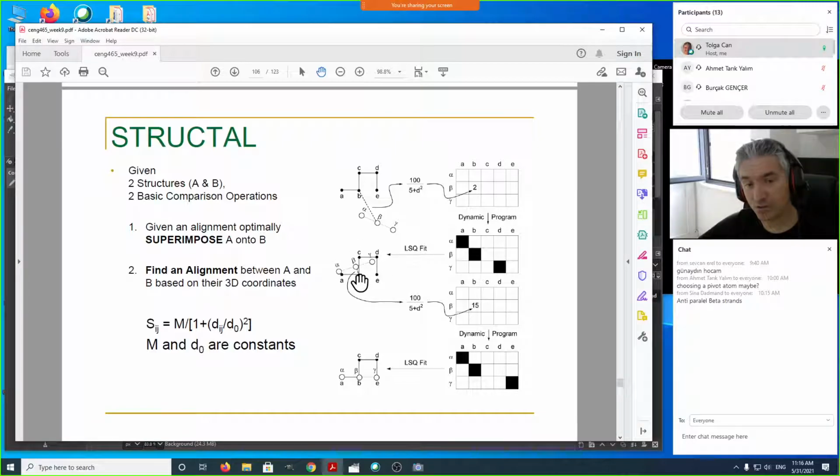After we have the superimposition, we compute this similarity matrix based on the pairwise distances, and we run structural alignment, the dynamic programming, again.